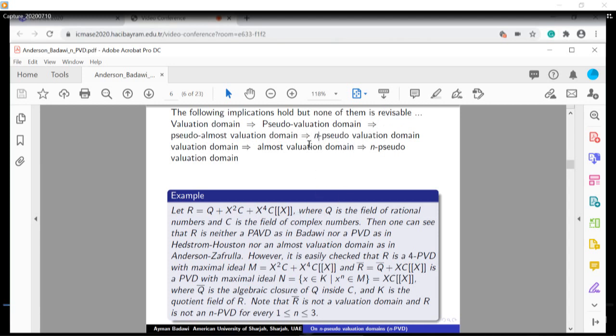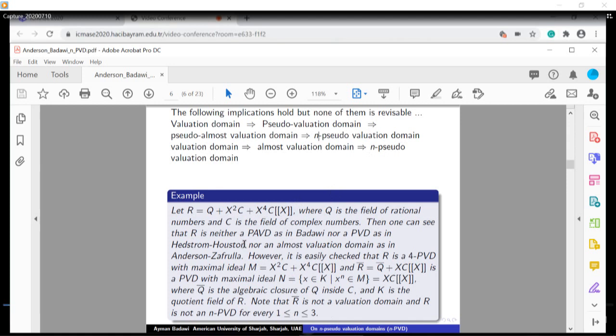So that means in this paper, we gave examples of n-pseudo valuation domains that are not pseudo almost valuation domains, that are not pseudo valuation domains, and that are not valuation domains. So what we have is a new class of integral domains. We extended these classes: you have valuation, pseudo, pseudo almost, and now we have n-pseudo valuation domain.